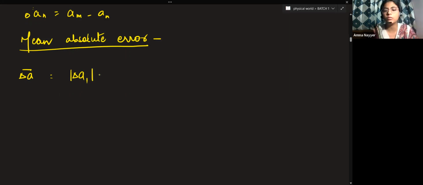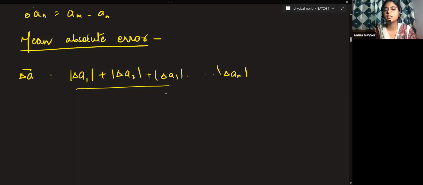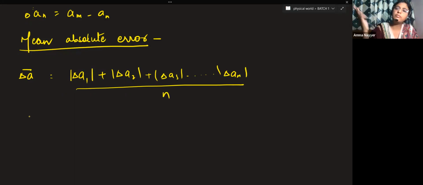Then mod of delta A2, which means even if it is negative, you will write only the magnitude, plus mod of delta A3, up till mod of delta AN, divided by N. This gives you the mean absolute error, denoted by delta A bar. Mean means average, so if you have different absolute error values, simply add them and divide by N.